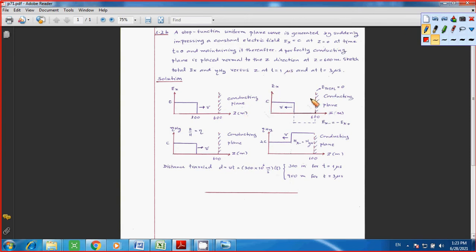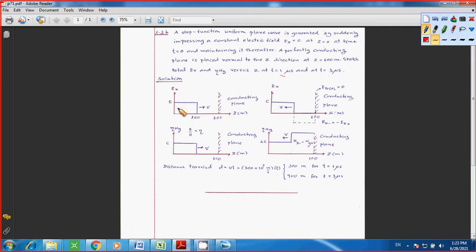Well, first of all, you need to see the relation, and you know that E over H equal to eta, the intrinsic impedance of the medium. And now you also have a conducting plane. So when the wave starts traveling with velocity v, at t equal to 1 microsecond, it has not really hit the conducting plane yet.